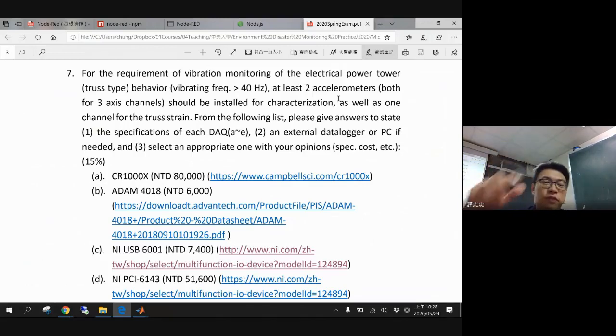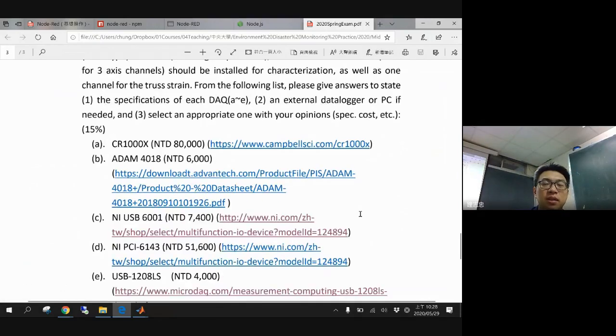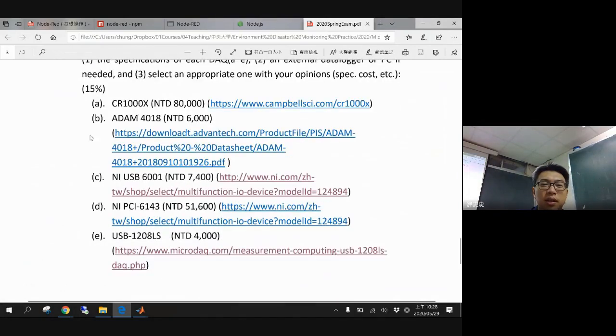Actually, for these 5 devices, all provide at least 8 channels for the monitoring. But somehow you need to find out. Last time we said there are different kinds of measurement.